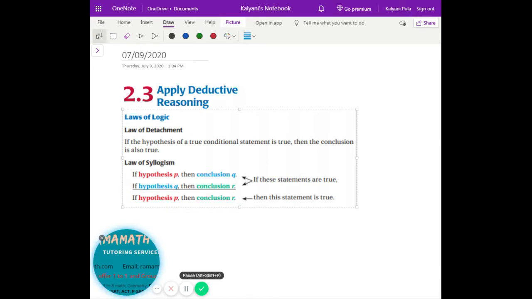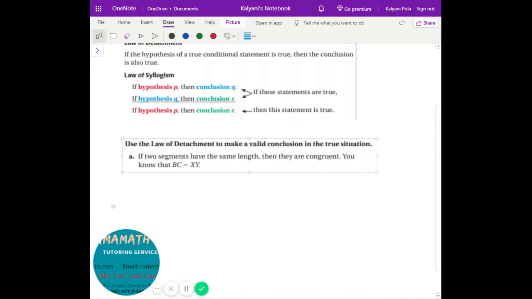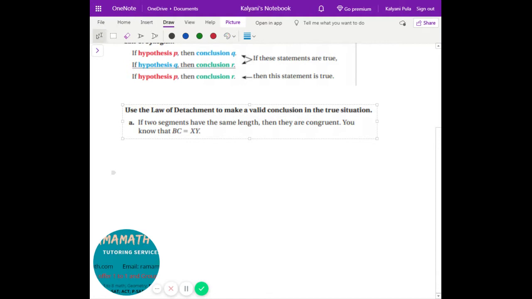We're going to see an example so it makes more sense to you. Amar, go ahead and read it. If two segments have the same length, then they are congruent. You know that BC equals XY. So if you look at it, if two segments have the same length, then they are congruent. Then you know that BC is XY.